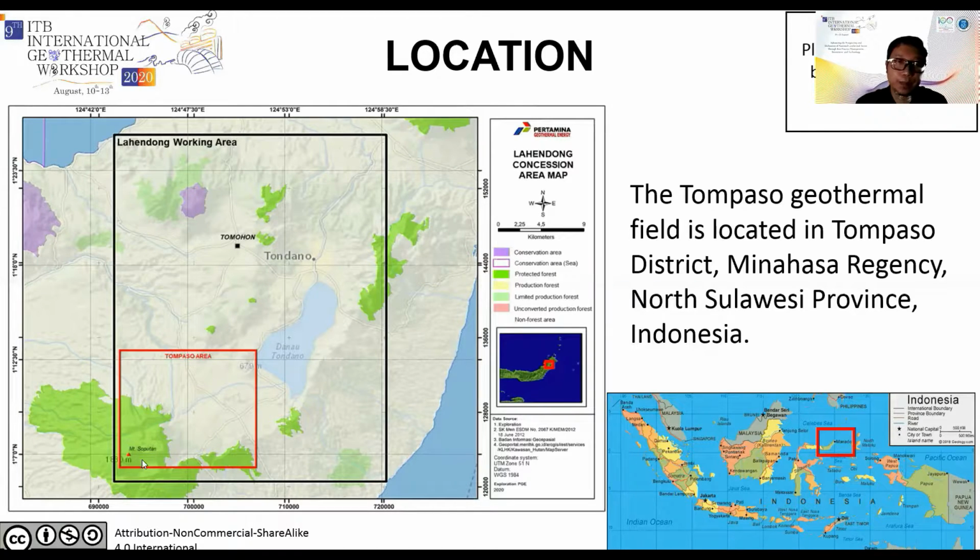In this map, we can see the Soputan. Soputan is the recent volcanism related to the recent subduction zone in the Molucca Sea, in the eastern part of the Tompaso geothermal field. Around the Soputan, we call the Sempu volcanic complex, around here, was interpreted as the main heat source of Tompaso geothermal field.